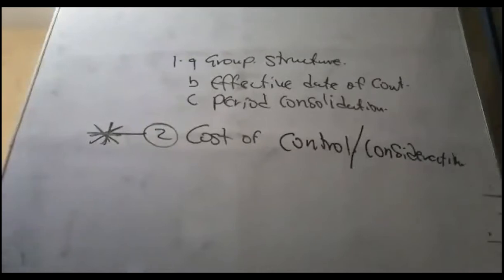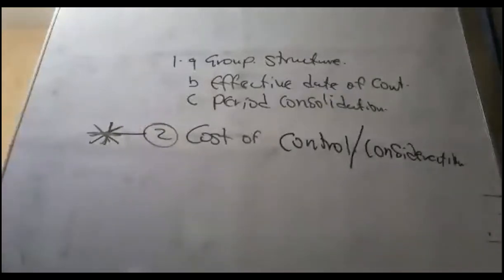We also call it fair value of consideration. It also means the same thing. Now, if you go and acquire another entity, what are the possible ways of paying for it?